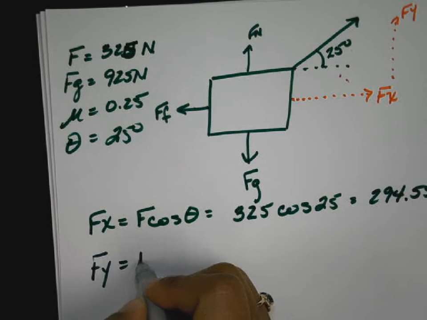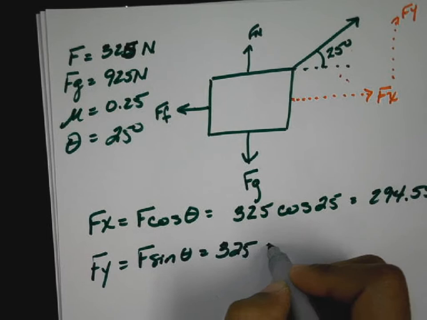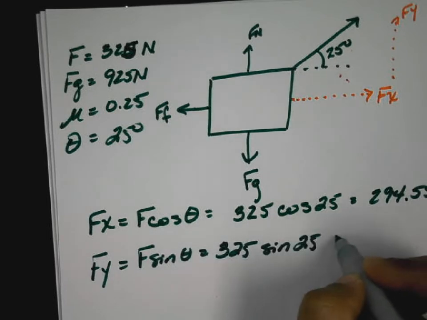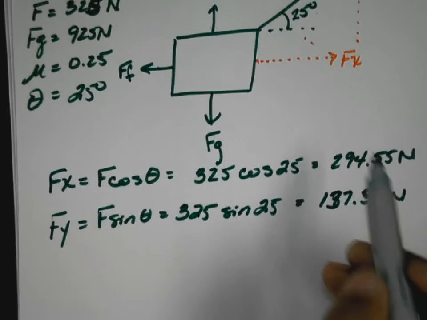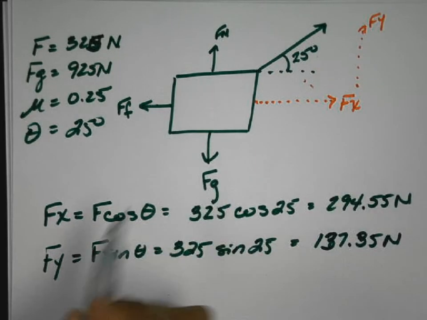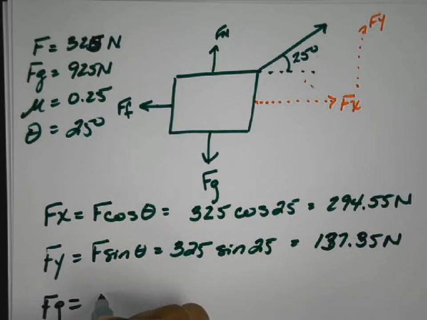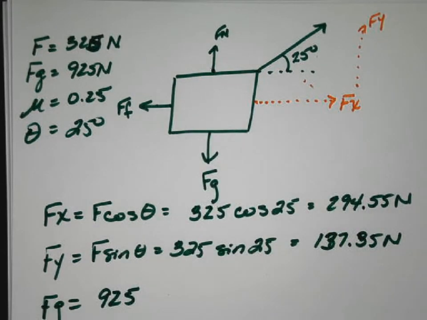Force on the y is F sine theta, 325 sine of 25, and that is 137.35 newtons. Alright, so we have this number, and we know F of G, 925. And now we have to get the normal force.